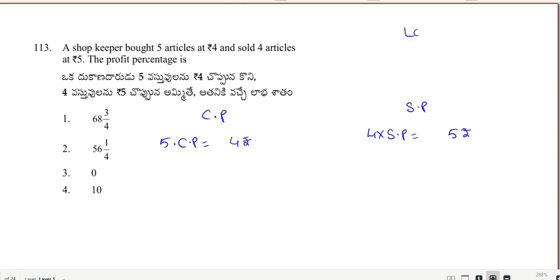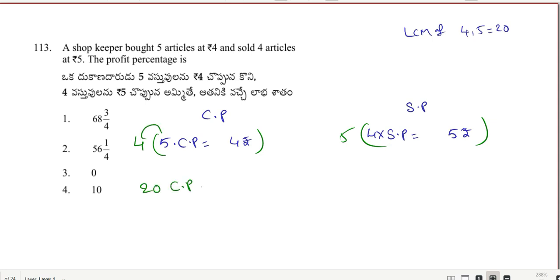So we know that LCM of 4 and 5 is 20. So I need to make this cost price of 20 articles and selling price of 20 articles. So if I multiply by 4 on both sides, this should be multiplied by 5 on both sides. So 20, 4 5s are 20.